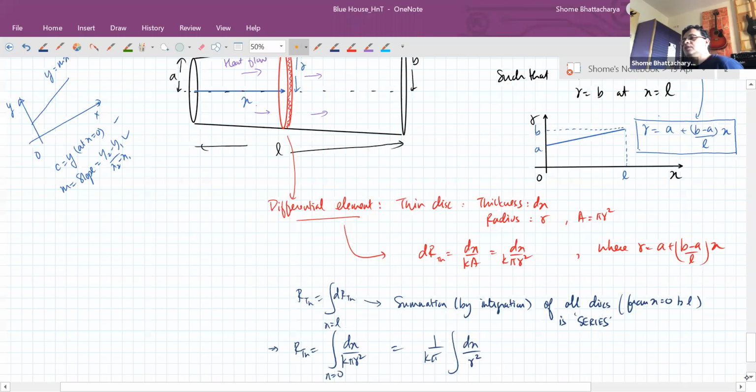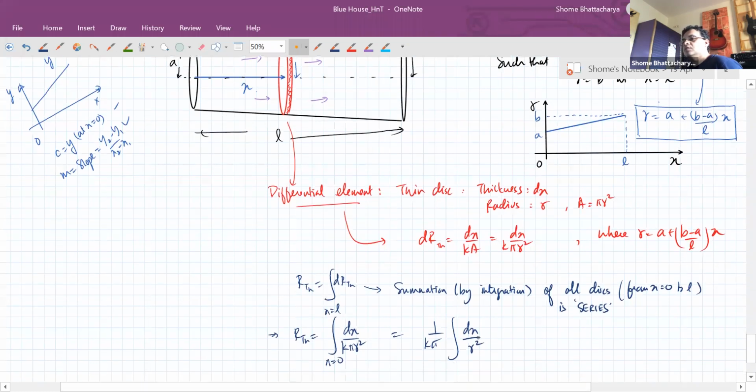But now this looks like a very complicated integration because R is that very lengthy function of x. So that is where the trick comes in: we will not substitute R in terms of x because it's very lengthy. Instead, we will substitute dx in the numerator in terms of dr, which will make life much simpler.